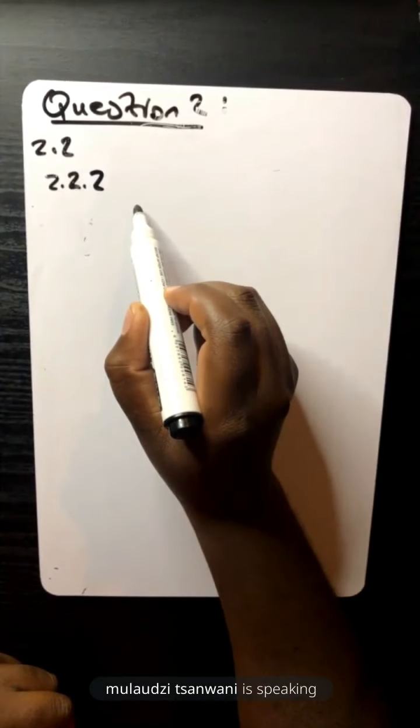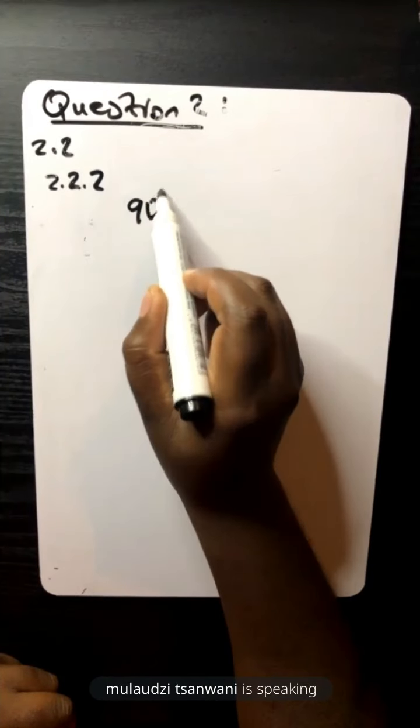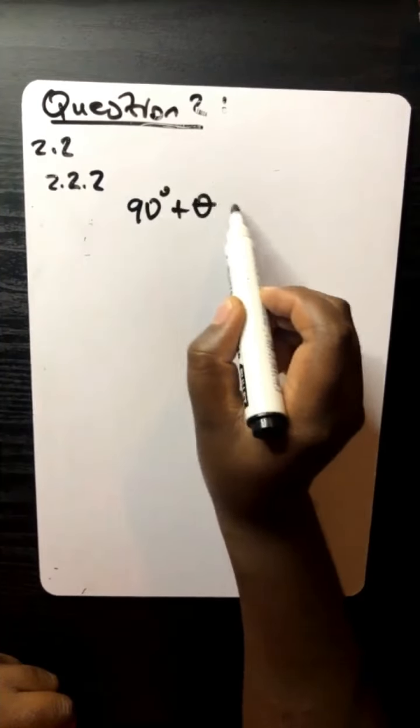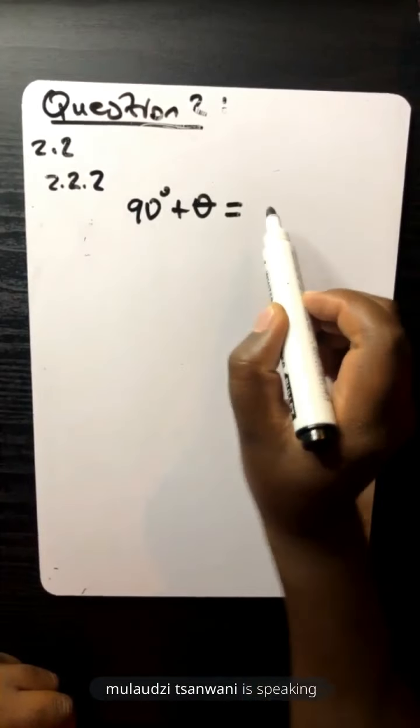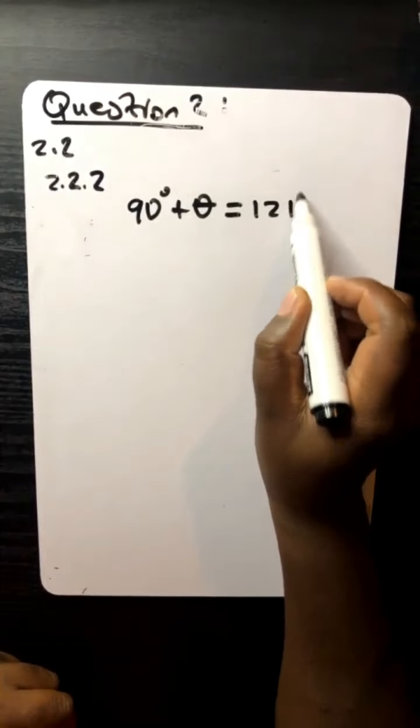Okay, what I was saying is that I'm going to say 90 plus theta is equal to 121 degrees.